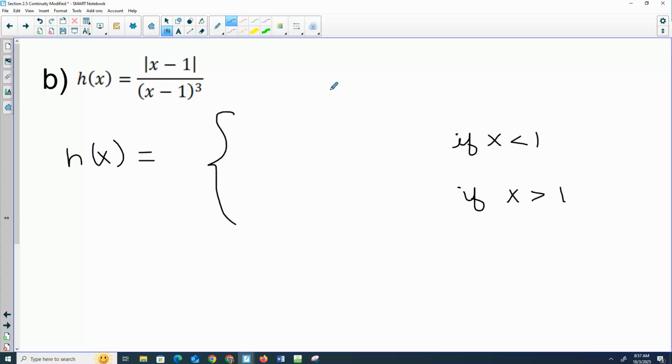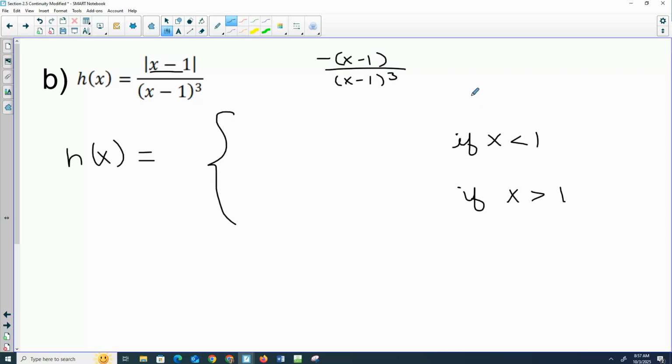If my x is smaller than 1, what will the absolute value turn into? Well, let me ask it this way. If x is less than 1, what kind of number are we getting inside the absolute value? A negative. And the absolute value would do the opposite of it.